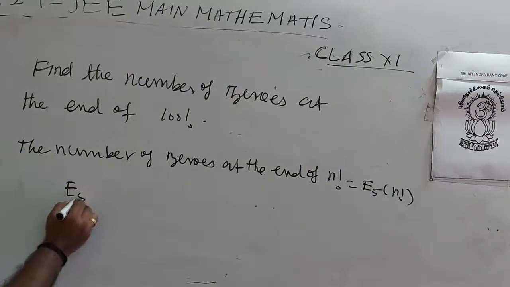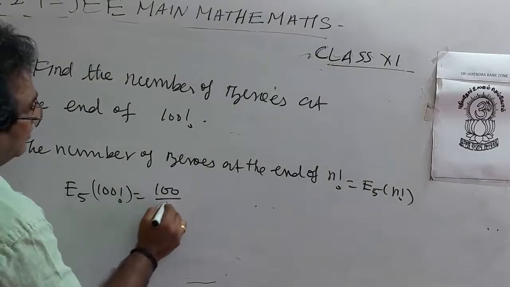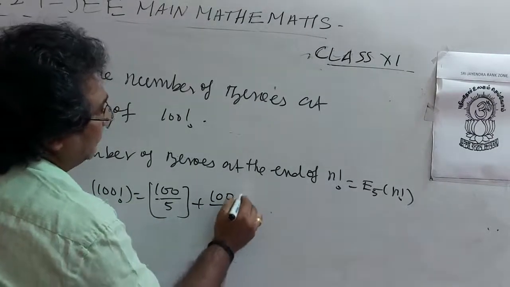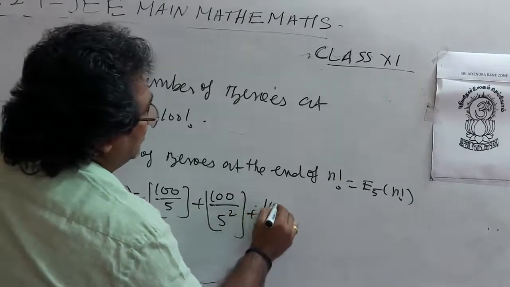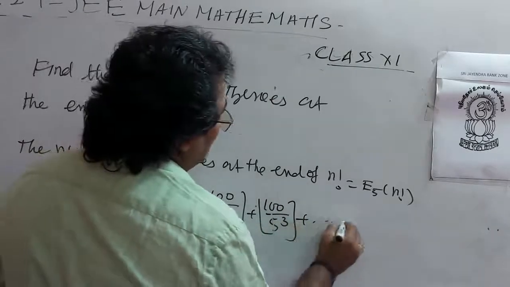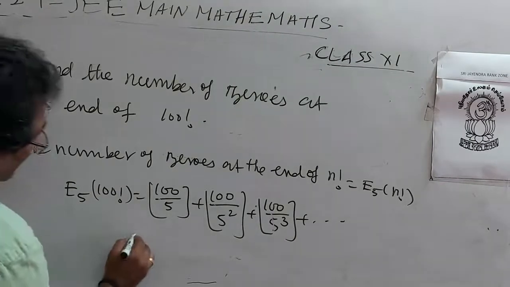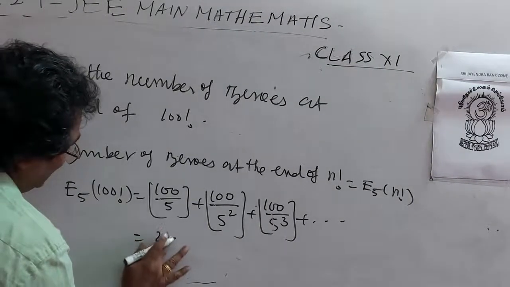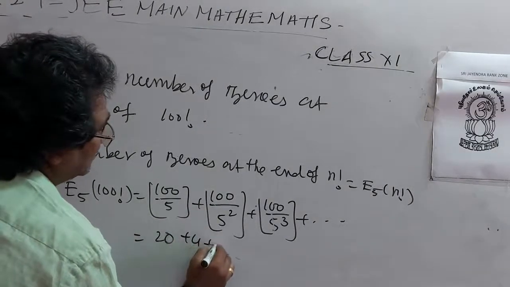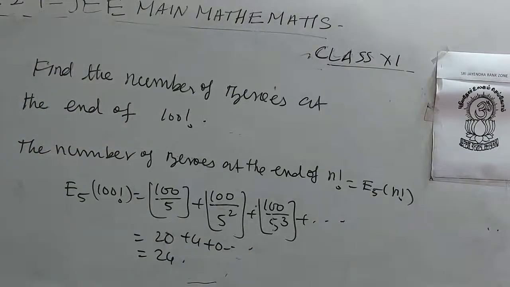So the exponent of 5 in 100 factorial equals 100 by 5, plus 100 by 5 squared, plus 100 by 5 cubed, plus etc. Here 20 times, and 100 by 25 is 4 times. We have only 24.